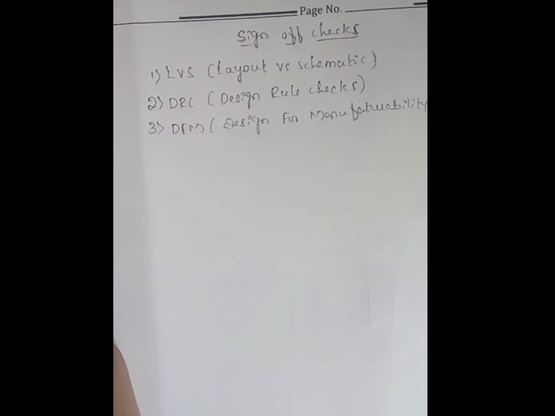It works the same as DRC, but it gives some reliability and increases the yield. We take more precautions, and it will take more area and cost may be high, but yield may increase or decrease, it depends.